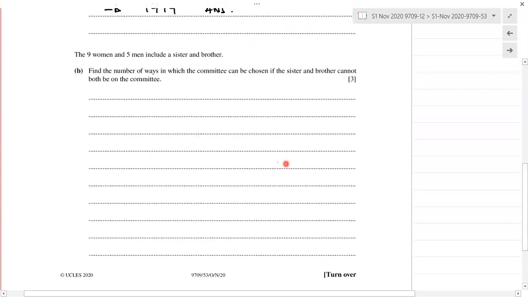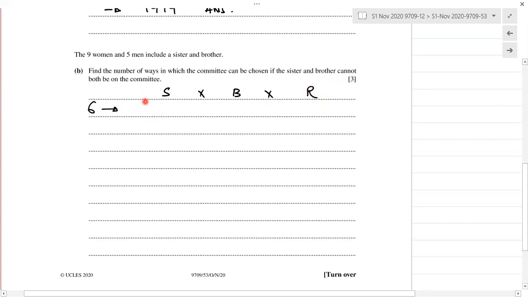Part B. The 9 women and 5 men include a sister and a brother. Find the number of ways in which the committee can be chosen if a sister and brother cannot both be on the committee. So still we are selecting 6 people, and a brother and a sister cannot be on the committee at the same time.